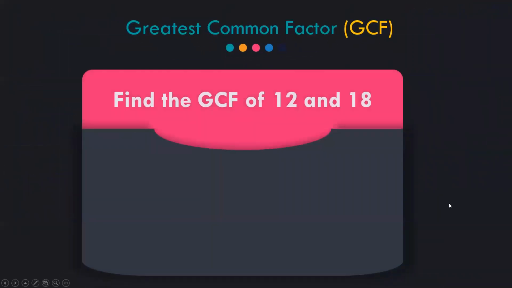So first, find the GCF of 12 and 18. Again, based from the definition, pag sinabi natin GCF, that is the largest positive integer which can divide the numbers evenly. Okay, so we have here 12 and 18.